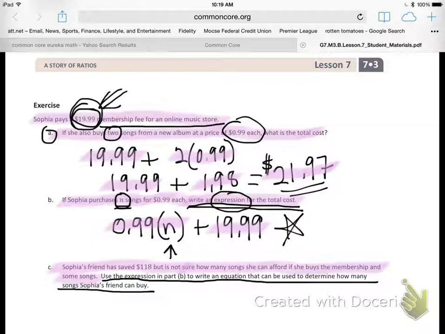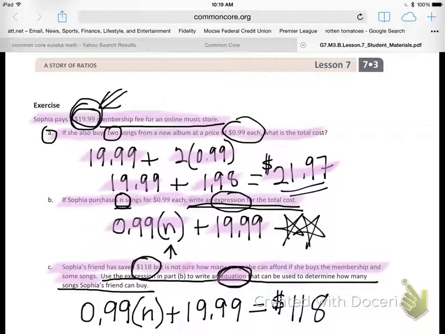So now we are talking about an equation, something very, very different. And another key number we have is the $118. We of course have our expression here, so go ahead and put those together to write an equation that can be used to determine how many songs Sophia's friend can buy. Just write the equation, don't solve yet.